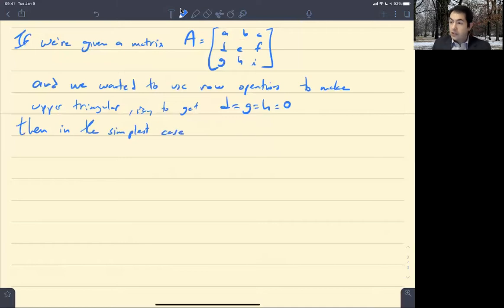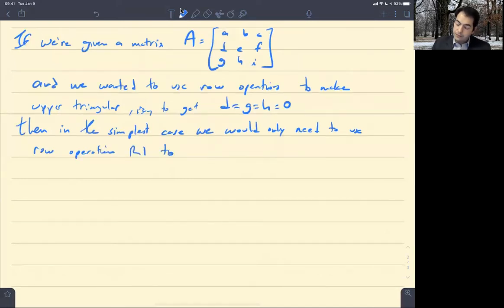Then in the simplest case, assume the odds are in our favor and we never have to worry about getting a pivot where we need it, then we would only need to use row operation R1 repeatedly, and add a multiple of a row to a lower row.